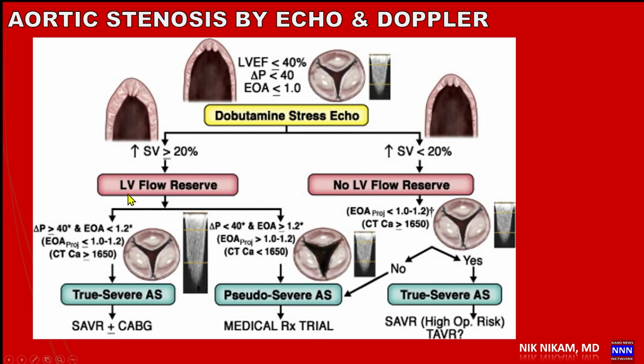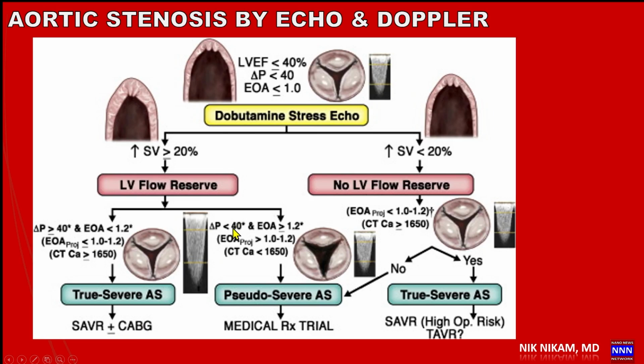If we can increase the stroke volume, if the gradient goes up beyond 4 meters per second, if there is evidence of calcium noted on CT, then we are dealing with a true aortic stenosis, in which case a SAVR or a CABG may be an indication.